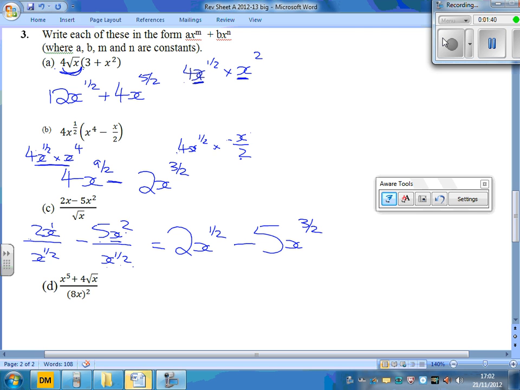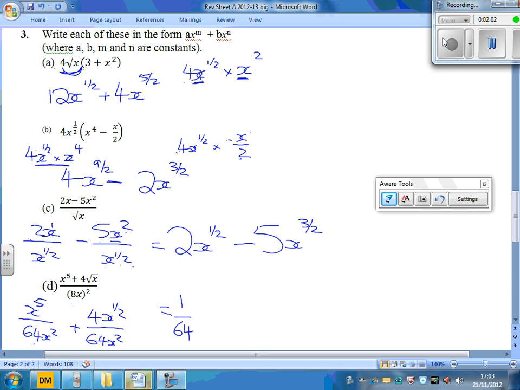And the last one, just again split it up into 2 bits. I've got x to the 5 here. On the bottom, that's 64x squared, and I'm adding 4x to the half over, again, 64x squared. So what do I get? That one there, there's a 1 on the top, so I've got 1 over 64 here.